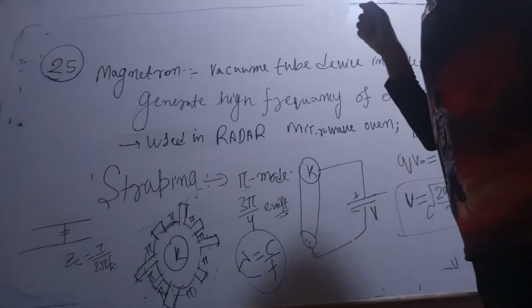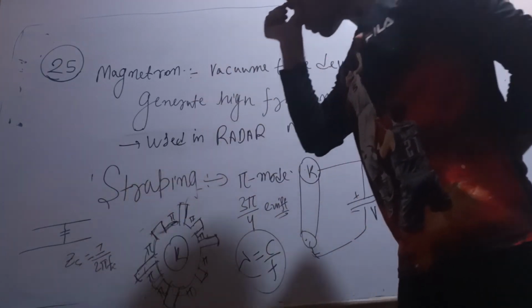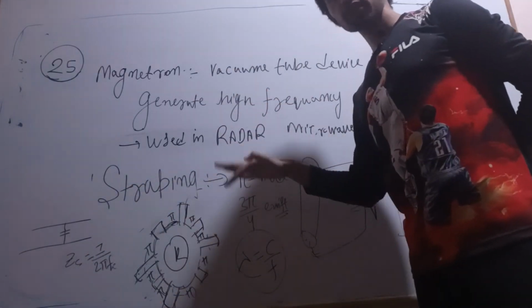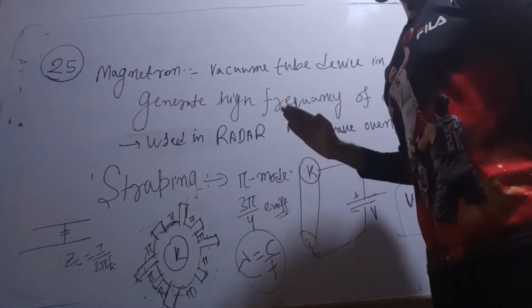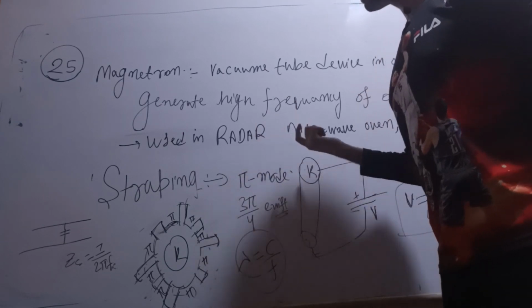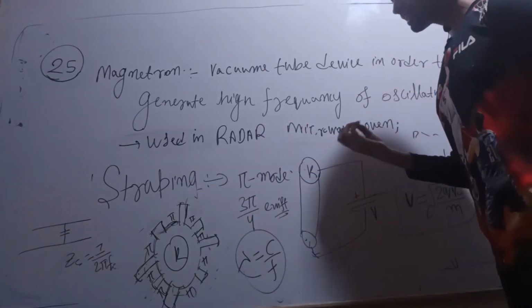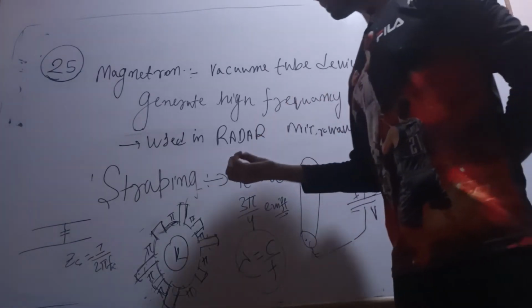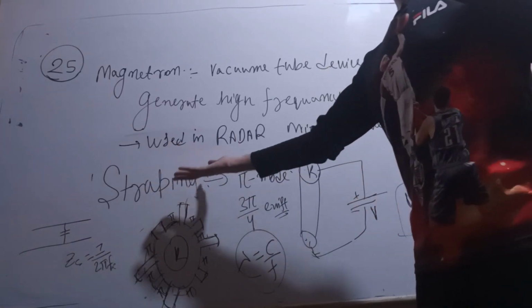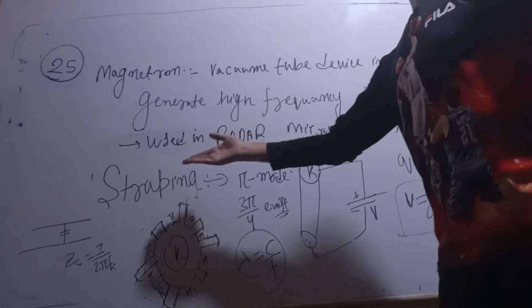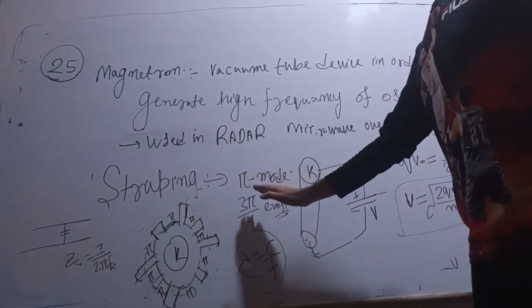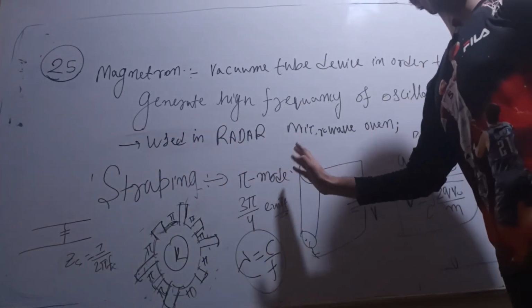Why do we use strapping? We use strapping in order to maintain the pi mode, but strapping has some disadvantages that we have already seen: at high frequency the parasitic capacitance comes into the picture, and there are radiation losses at high frequency.